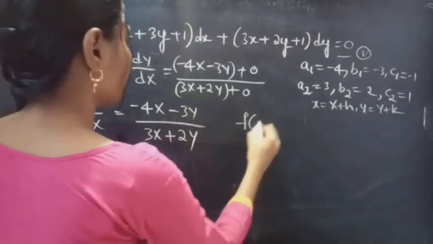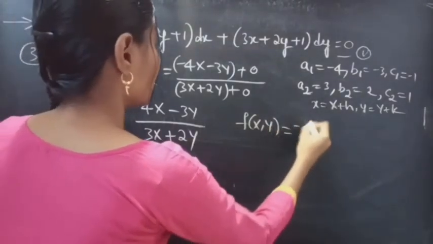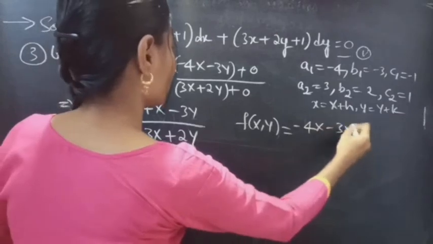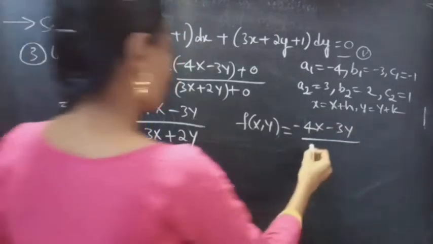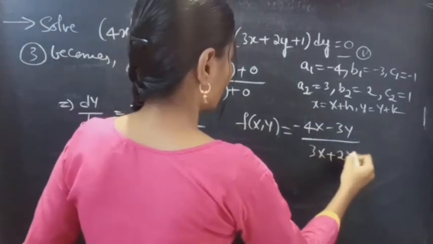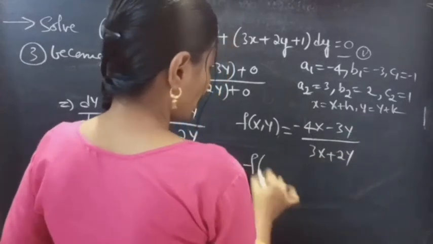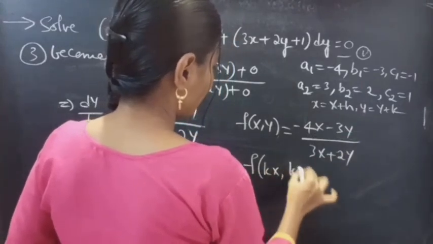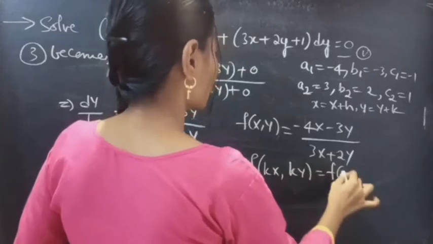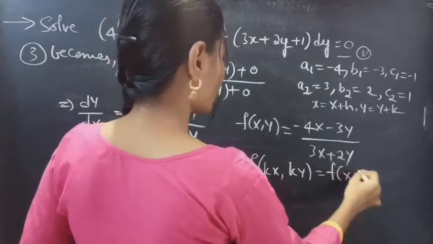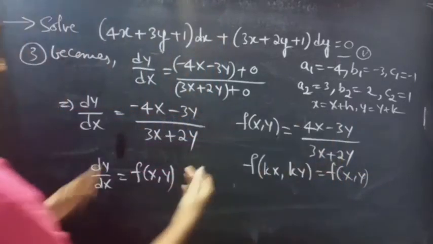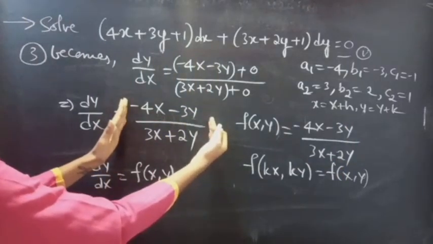That function of xy will be minus 4x minus 3y by 3x plus 2y. If f of kx, ky, that is, function of kx, ky equals function of xy, then we can say that this function is a homogeneous function.